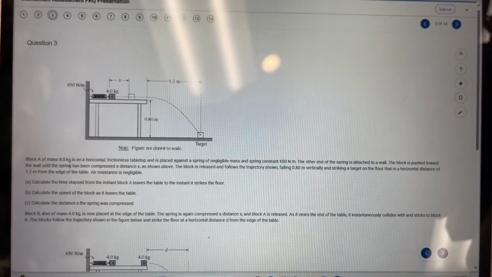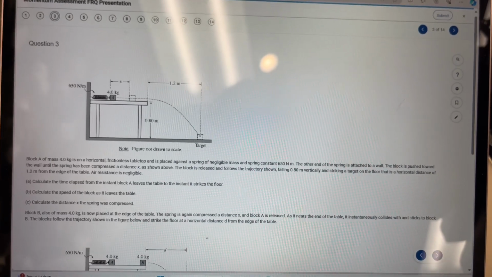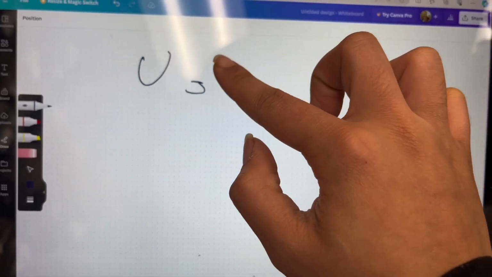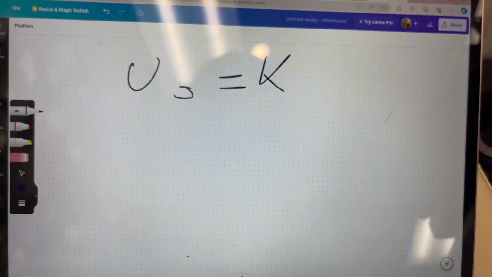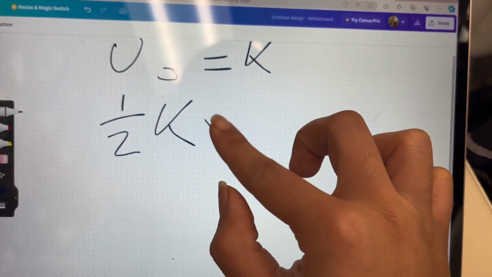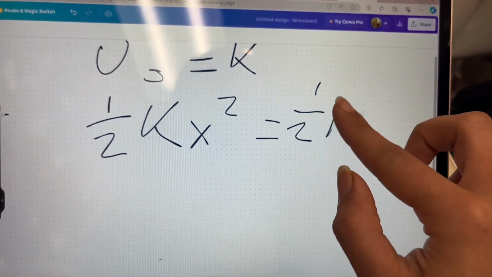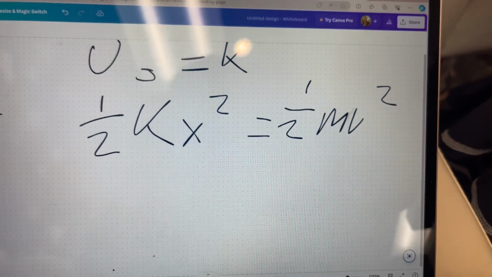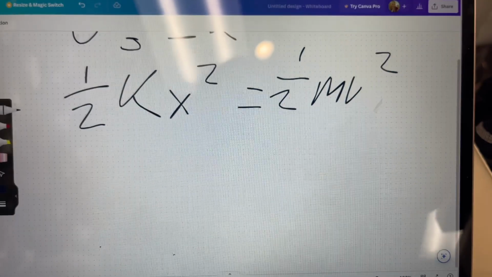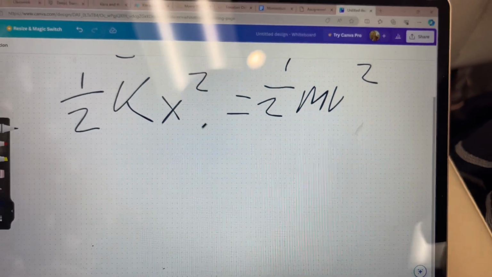So with this, we are going to be using conservation of energy, and we will be using U_s equals K. And U spring is 1/2 kx squared equals 1/2 mv squared. And since we're trying to get the distance x the spring was compressed, we just need to isolate x and derive the equation so we could get x by itself.